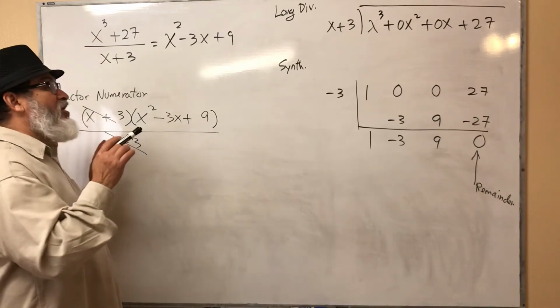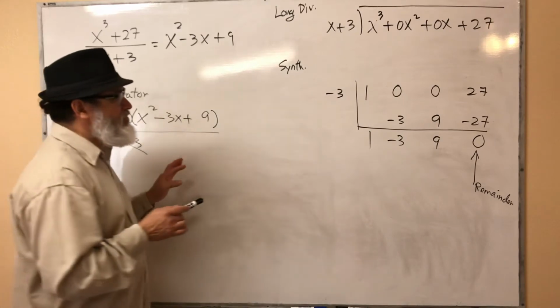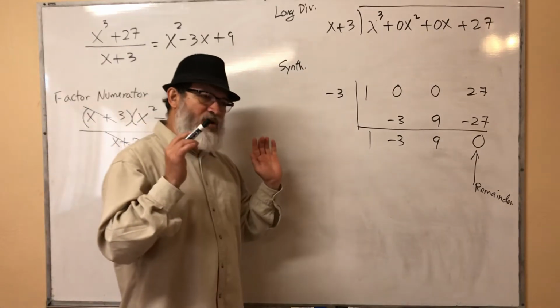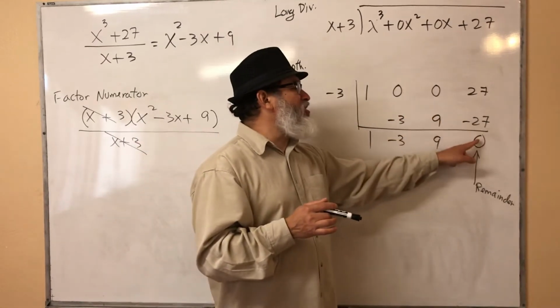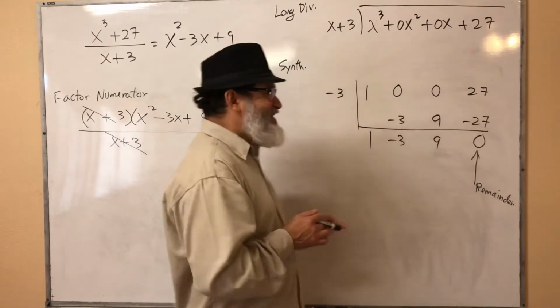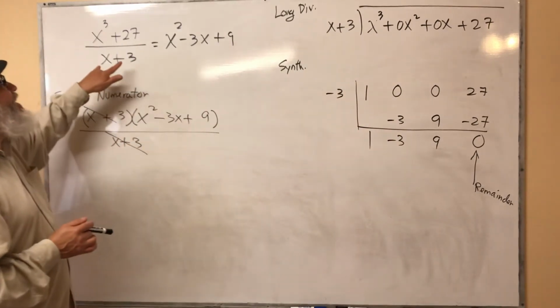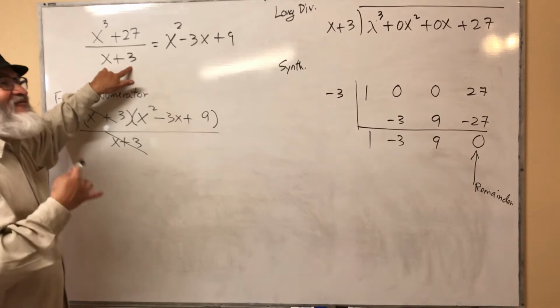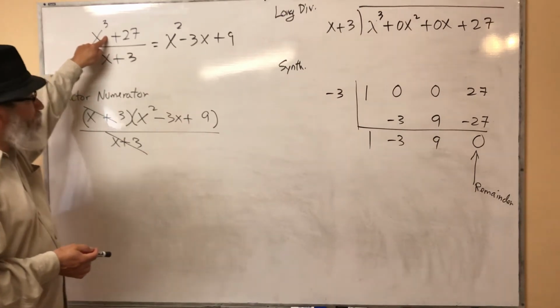If you ever do long division or synthetic division, and the remainder is 0, that means that the denominator is a factor of the numerator. Look here.